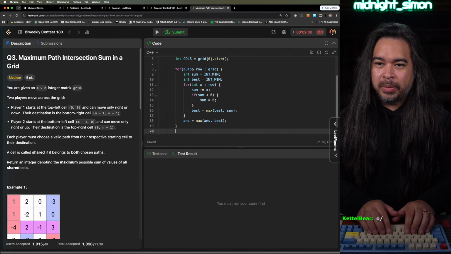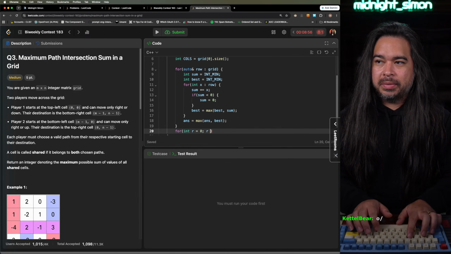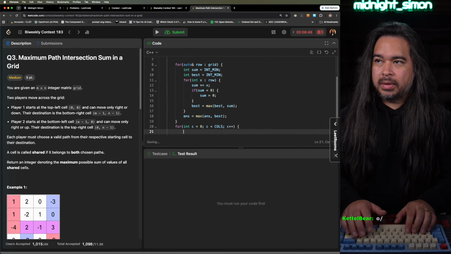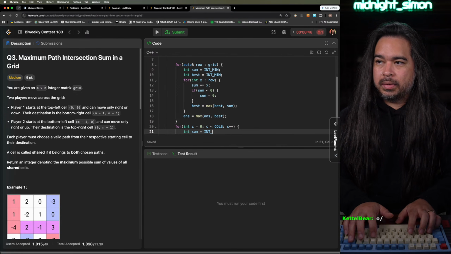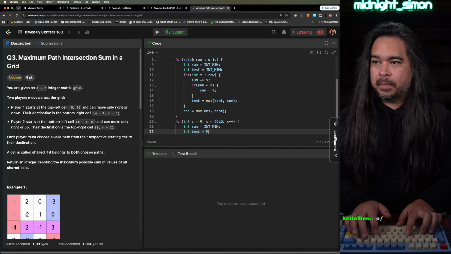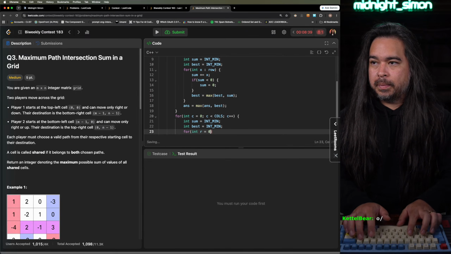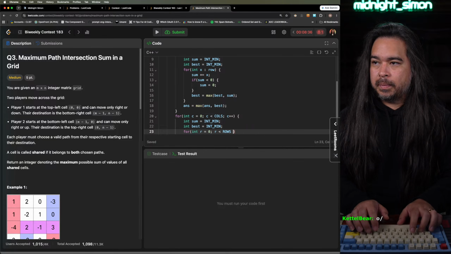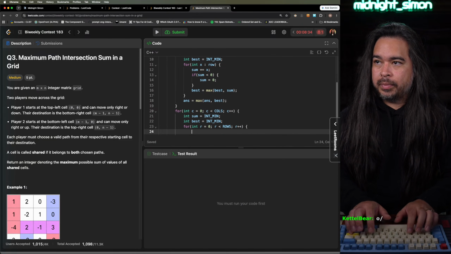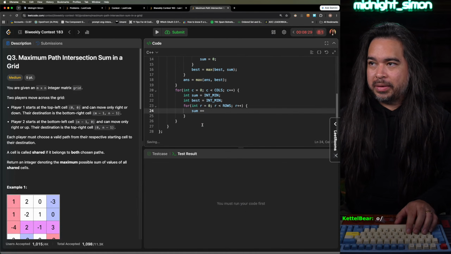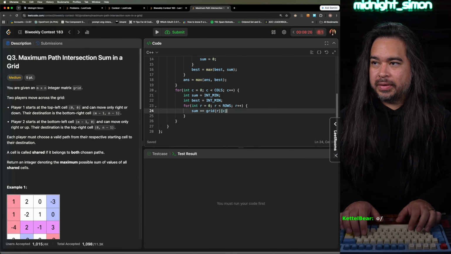How do I do these columns, man? Row equals 0. No. Column equals 0. I'm just typing in whatever I typed up there. Grid RC.